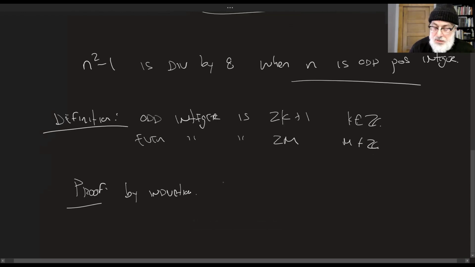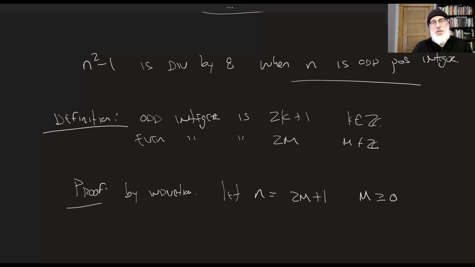And first we're going to say let n equal, so n is our odd integer, so we can define it because we know what an odd integer is. Let's use m. So 2m plus 1 for m greater than or equal to 0, because we need this to be odd positive.